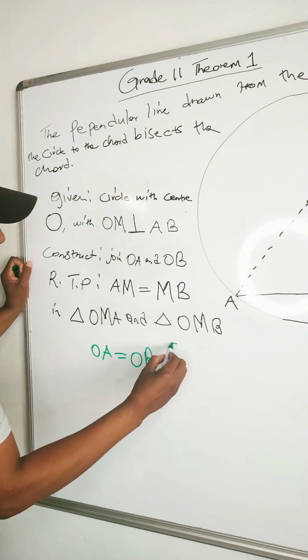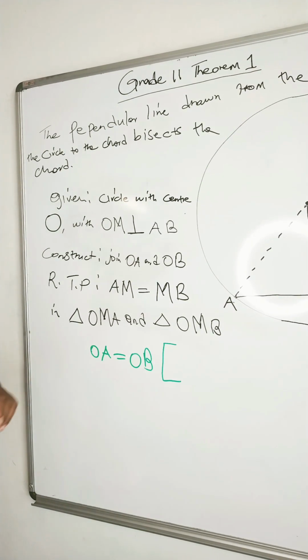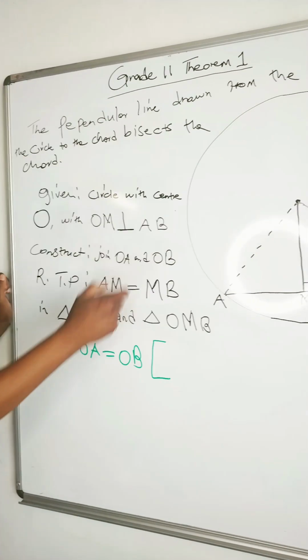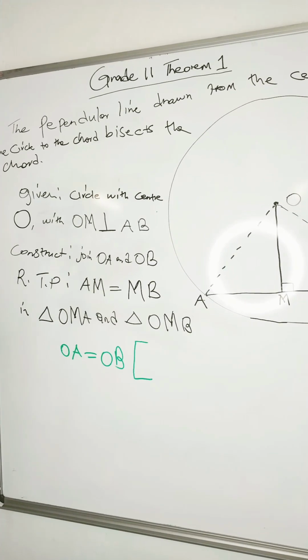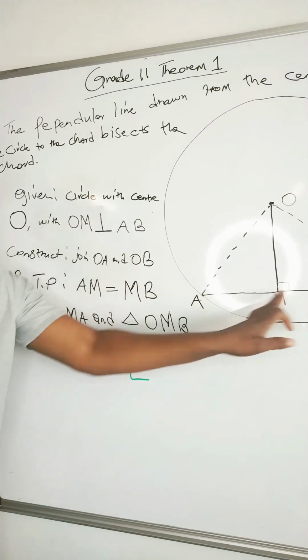Now we need to give a what? A reason. So if you are proving theorems, make sure that every time you write statement and reason. So here we are going to prove, we need to write 3 statements and 3 reasons. Then we can conclude that these sides are equal.